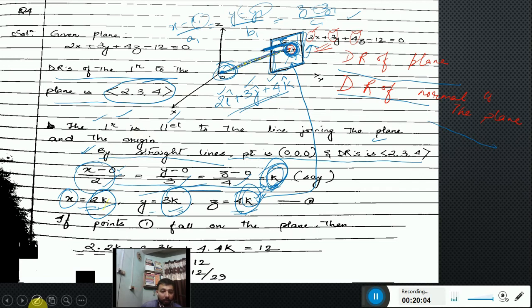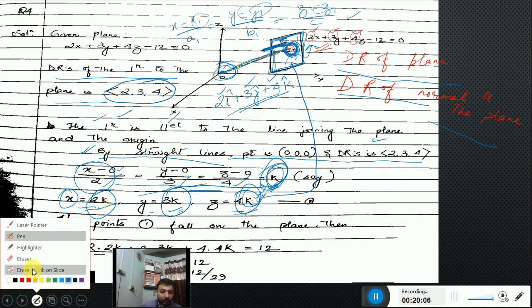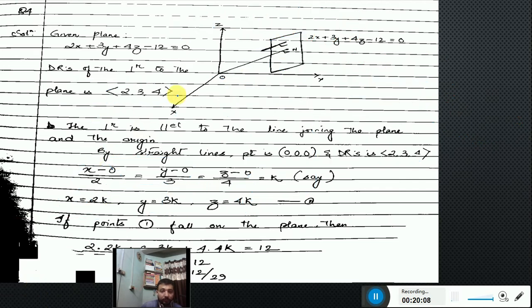Let me remove all of this. So you got your point as x equals 2k, y equals 3k, z equals 4k. Now if I want to find the point here, then I will assume these points are lying on the plane. If they are lying on the plane, they should satisfy this equation also.